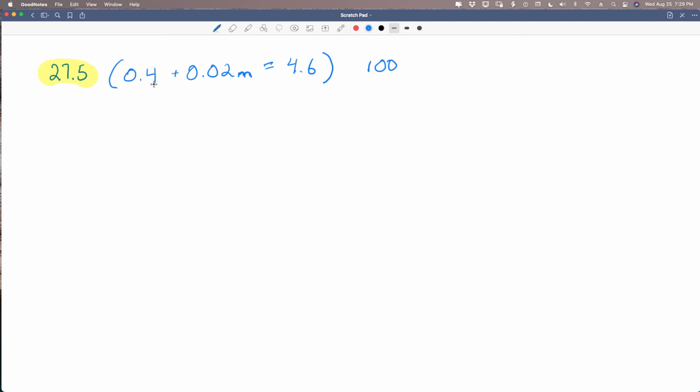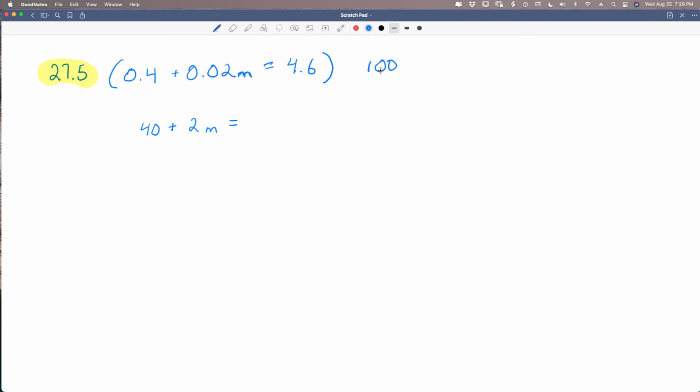So when we multiply 0.4 times 100, that's 2 decimal places, so that ends up being 40. We bring down our operation, multiply this by 2 decimal places, that becomes 2m, okay? Now we bring down our equal sign, and then we multiply this by 2 decimal places.